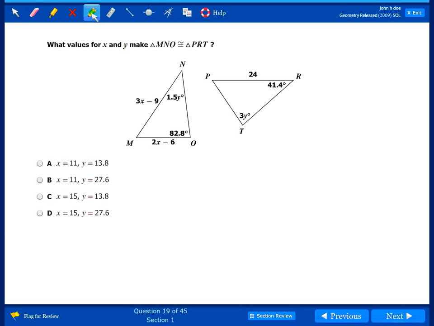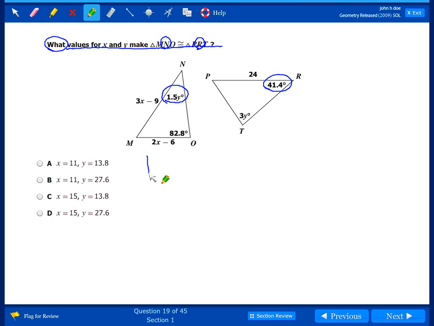The next problem says what values of x and y make these two triangles congruent. Well, let's see if we can figure this out. We know that n is going to be congruent to r. So here's angle n, there's angle r.